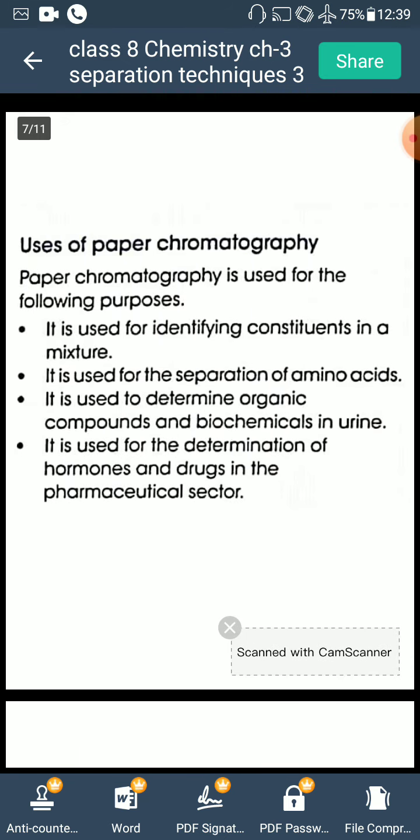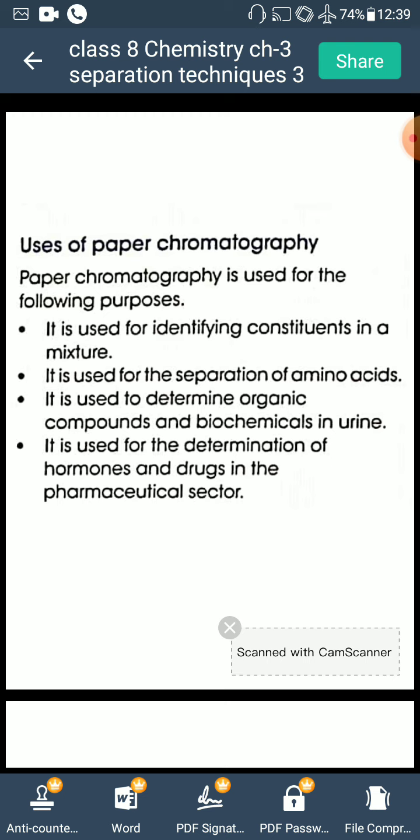Now, uses of paper chromatography. There are many uses of paper chromatography. First, it is used for identifying constituents in a mixture. Second, it is used for the separation of amino acids. Important: which technique is used for separation of amino acids? The answer is paper chromatography.